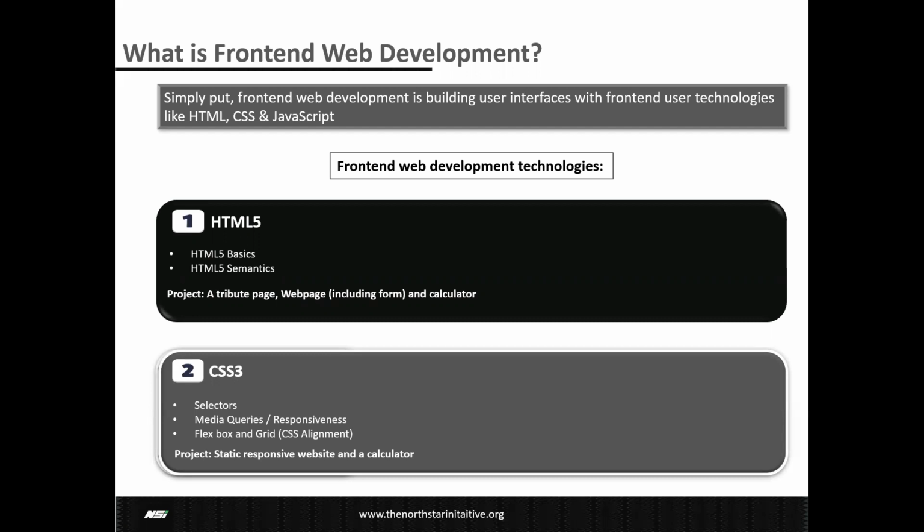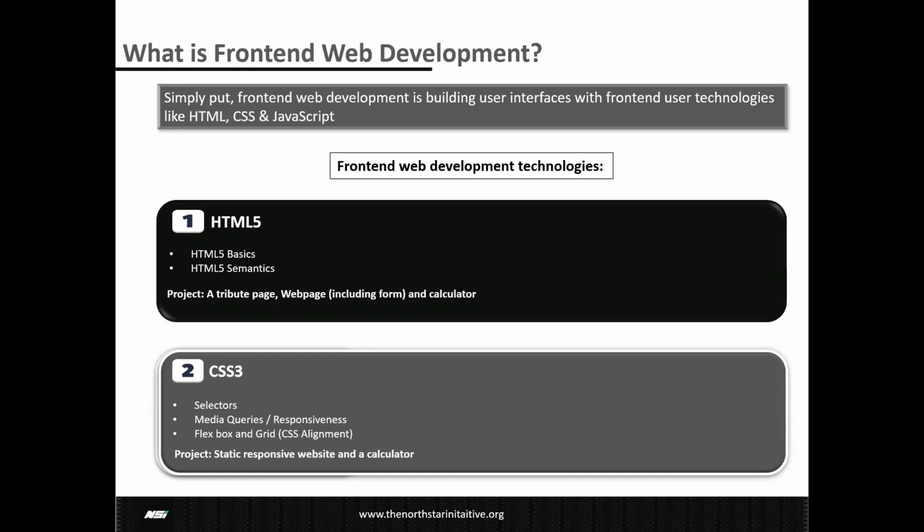By static responsive website, we don't mean building something that big. Just build something static, with no interactivity. Just write HTML, write CSS, make it look good, just to test what you have learned so far. And you can also build a calculator.